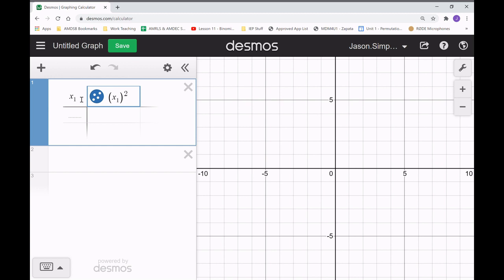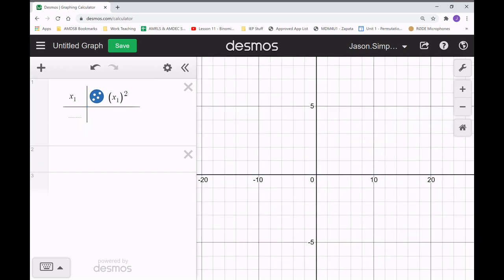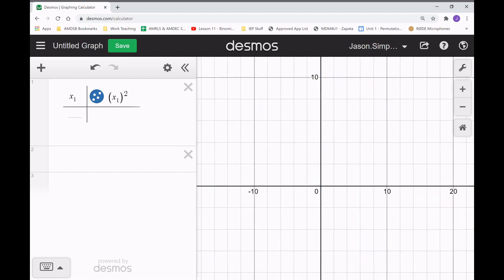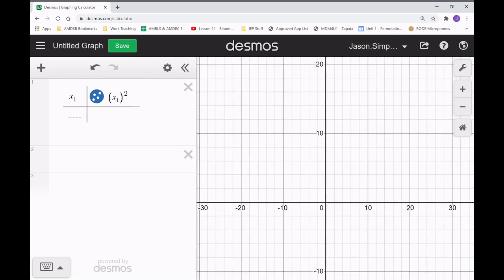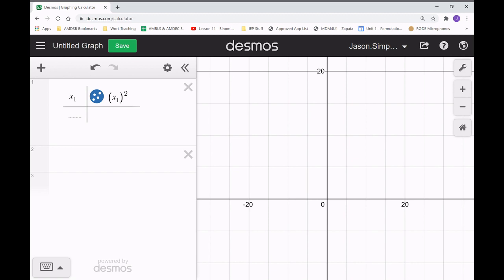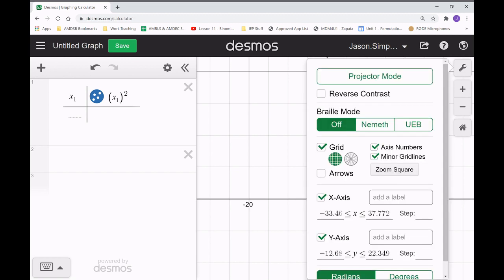So here's what we're going to do. We're going to zoom out in our little chart here, and we're going to zoom out to say 20. All right, so there's our chart. So for y equals x squared, let's use the numbers starting from -4.